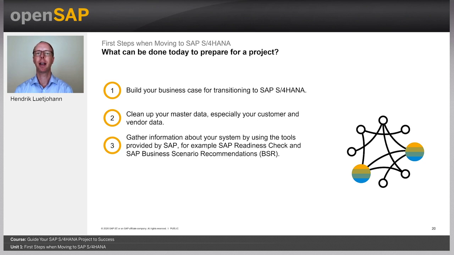So, gather information about your system by using the tools provided by SAP, for example, the readiness check, the business scenario recommendation, BSR. There are other technical tools as well. This will be covered in Unit 6.